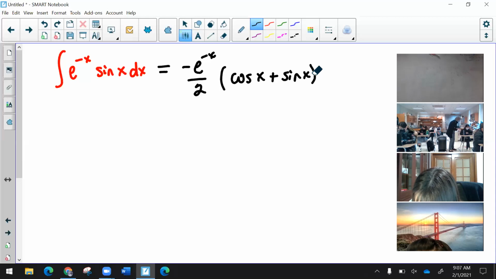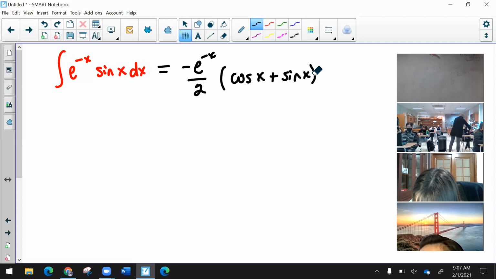So let's erase this line for a minute, just because we need some more space. So let's go down to here. You write that integral again, so that you have an idea of what you're coming back to solve for. Equals.